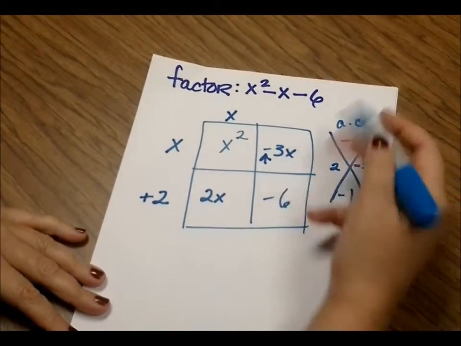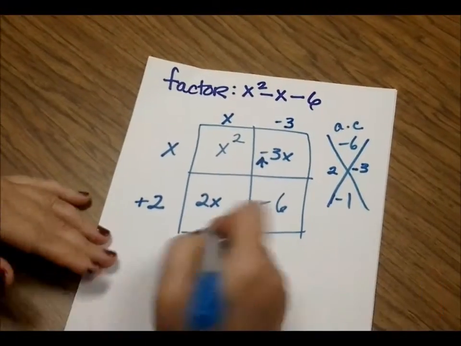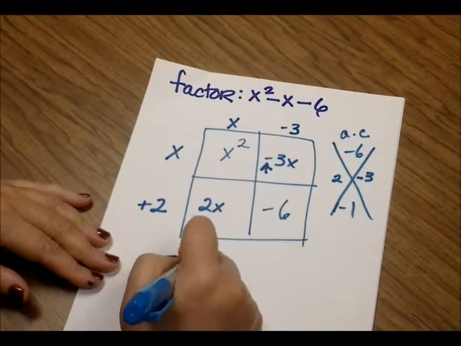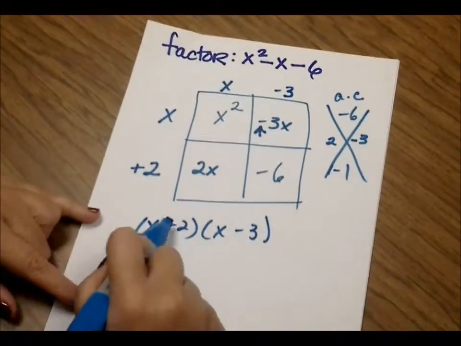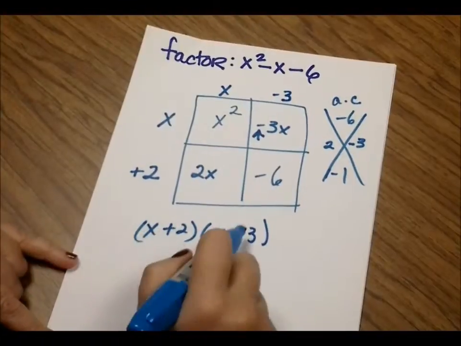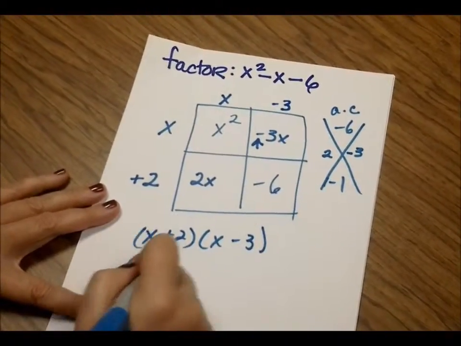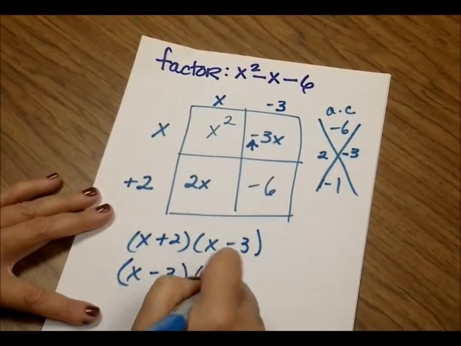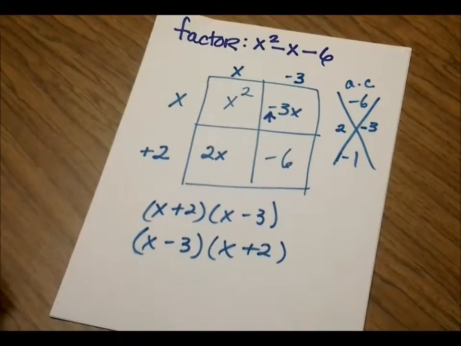Since that is a negative, I am going to take a negative 3 out. So I have x plus 2 times x minus 3. And these need to be different signs because a positive times a negative is what's giving me the negative. Or I can have x minus 3 times x plus 2. And again, the negative needs to be there for the 3.